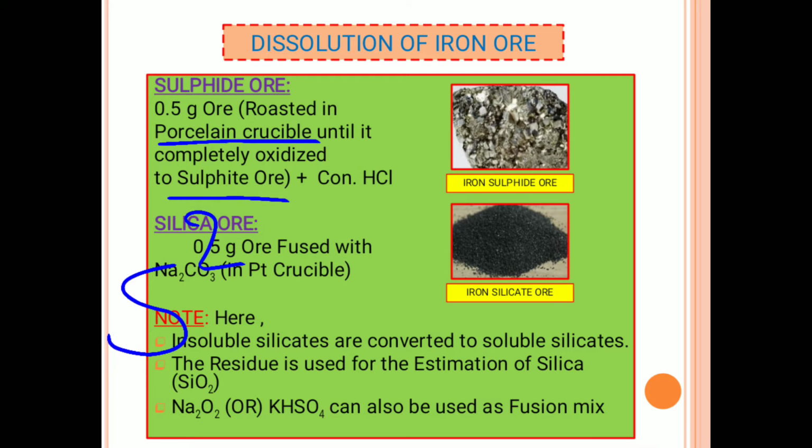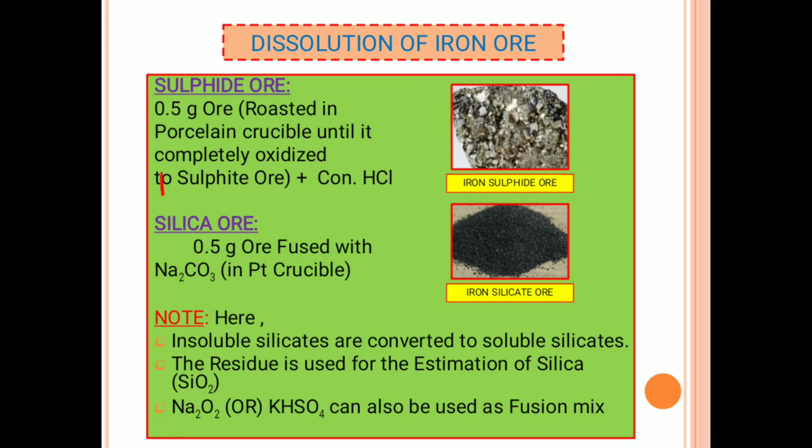Next, if the iron ore is silica ore, then here you need to use a method called fusion method.